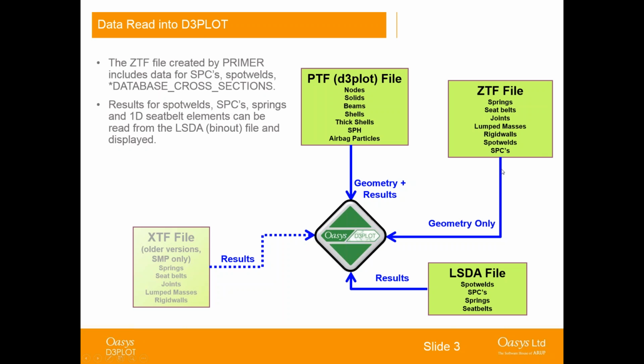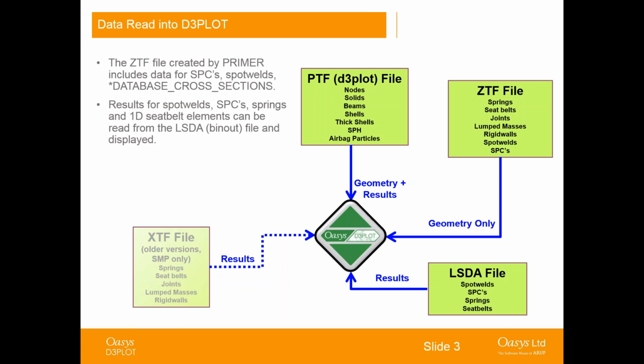As well as this, D3PLOT can read in what's called a ZTF file. This is a special file that's written by Primer. What the ZTF file does is it passes information about the model to D3PLOT that isn't normally available in the PTF files.